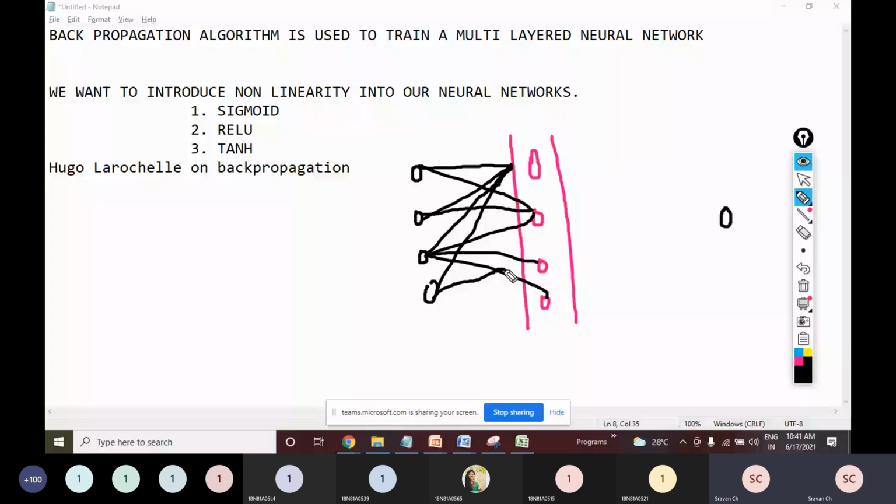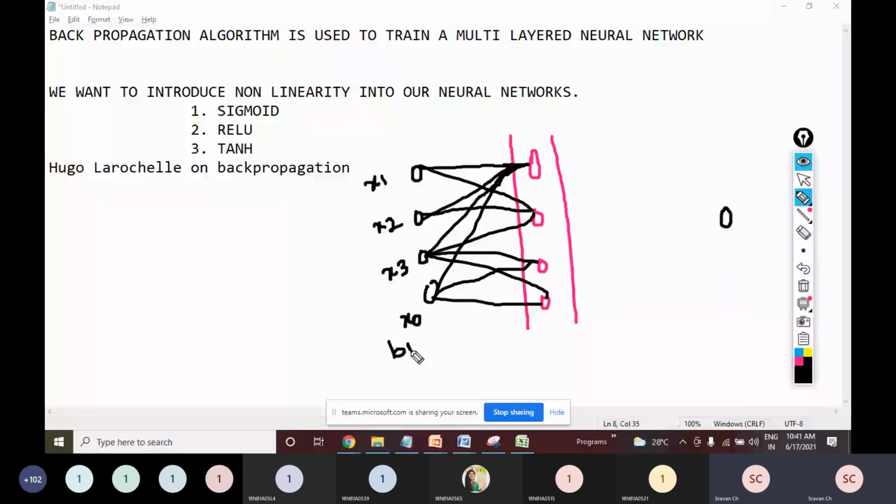Fine. Now friends, let us assume I have three inputs, x1, x2, x3, and this is my bias, which you can call theta, or x naught. This is nothing but the initial bias.